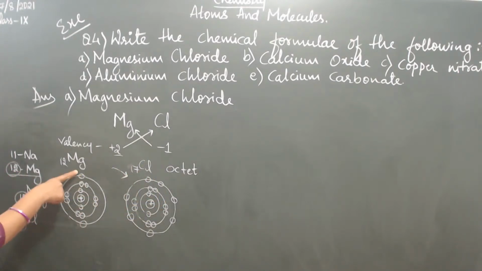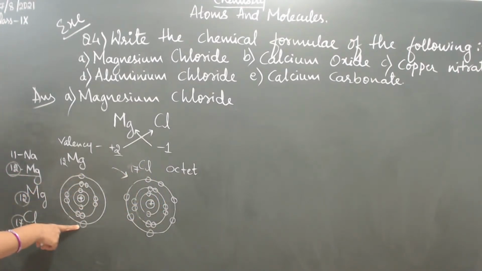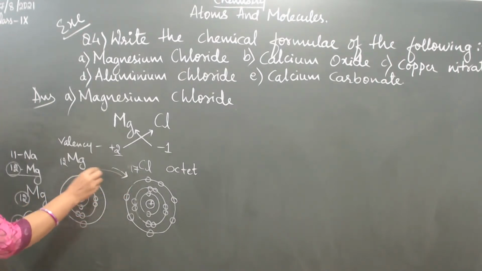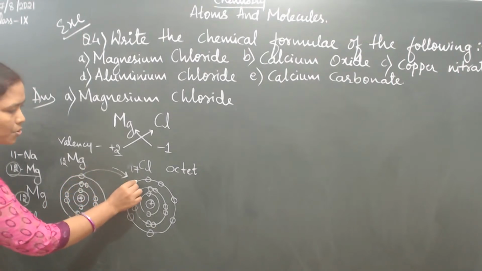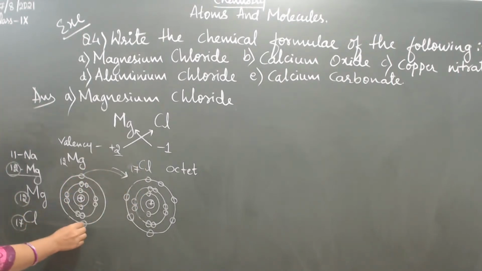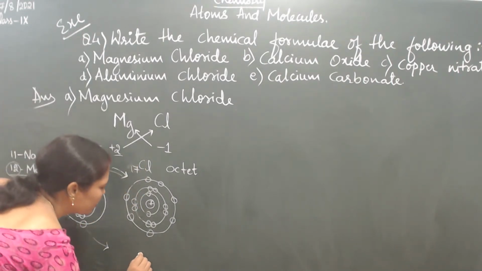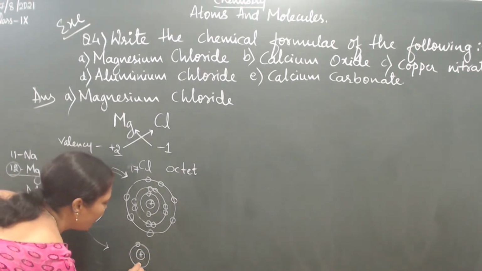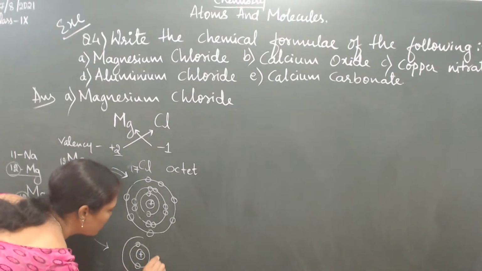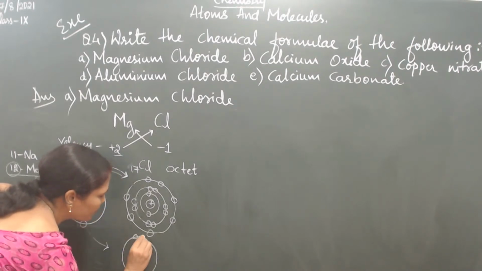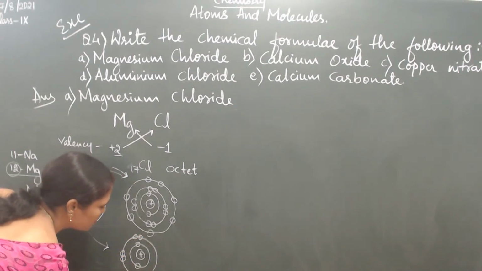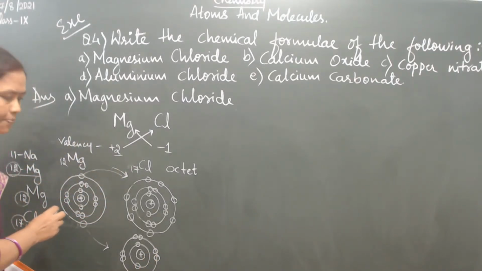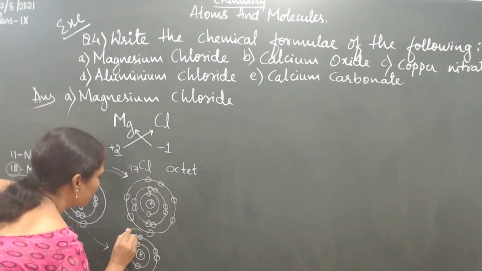But in magnesium, 2 electrons are there. What will it do? It is going to donate 1 electron to one chlorine atom, and the next one it is going to donate to another chlorine atom.